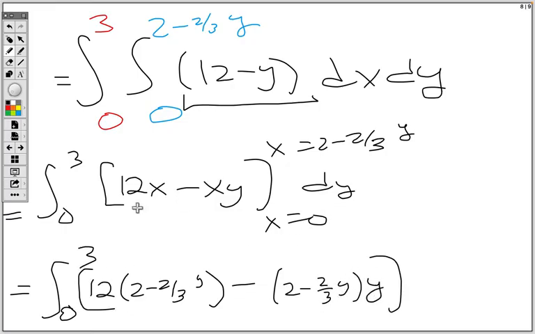And when you plug in x equals 0, what's going to happen to both of those things? That just zeroes out. Now we're left with a little Calc 1 integral to do.